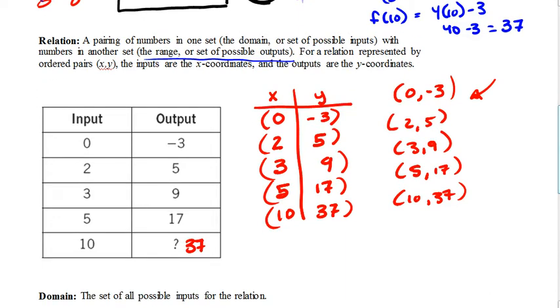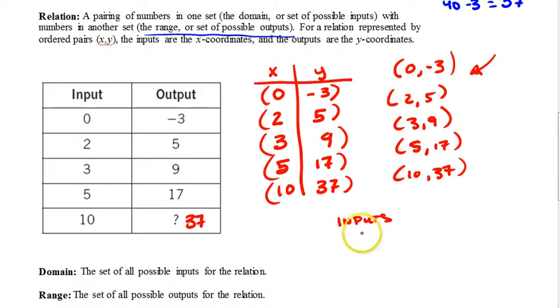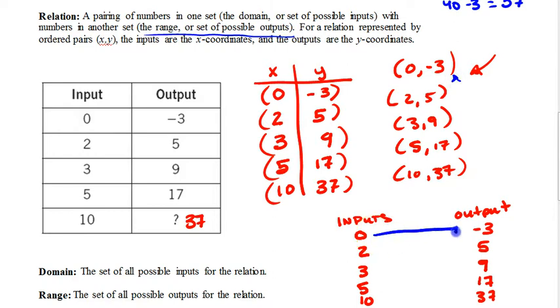Now sometimes you create what's called a mapping diagram, and you take your inputs and you list them in a column, so like we did here, but they need to be in numerical order. So 0, 2, 3, 5, and 10. And then we take our outputs, -3, 5, 9, 17, and 37, and we map them. So if we look at our first ordered pair, 0 is mapped to -3.